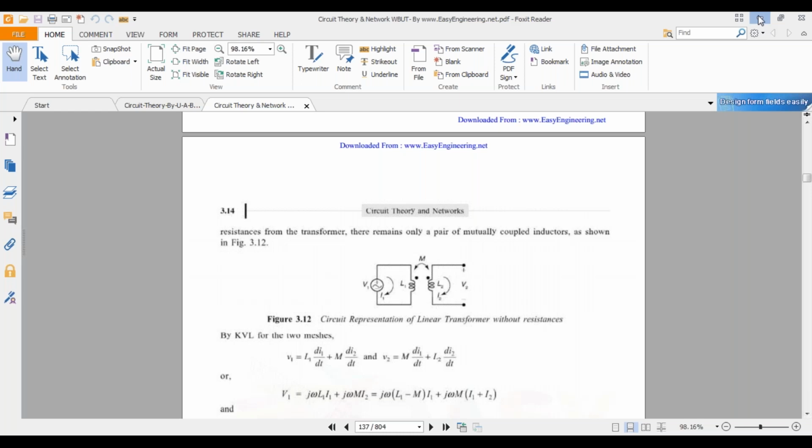Now we'll talk about something about power. Power is defined as the product of V, I, and the phase angle between V and I. The phase angle between V and I is to be measured with the help of a vector diagram.